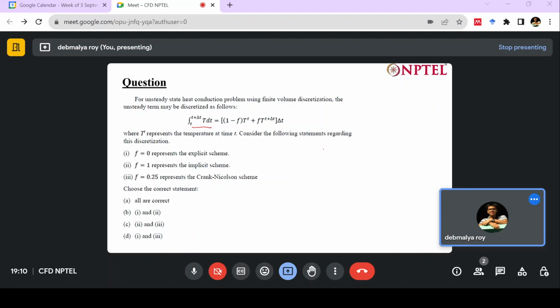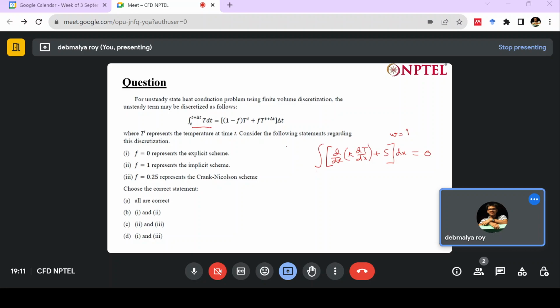Suppose we have the heat equation, d/dx of k dT/dx plus S equals 0. What we do is integrate with respect to x over the whole domain and set it to 0. This is exactly like taking a weighting function of 1.